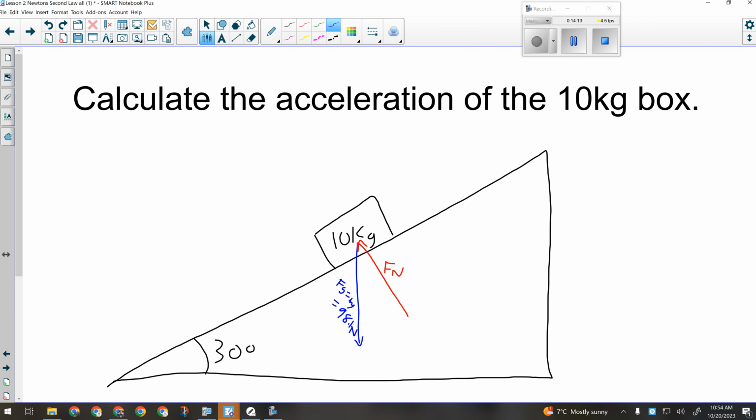So now I've got them tail to head. Where does my resultant go? Does my resultant always go from start to finish?